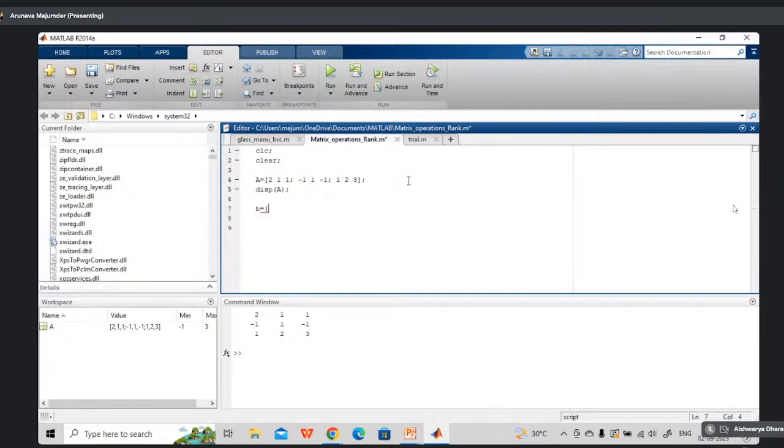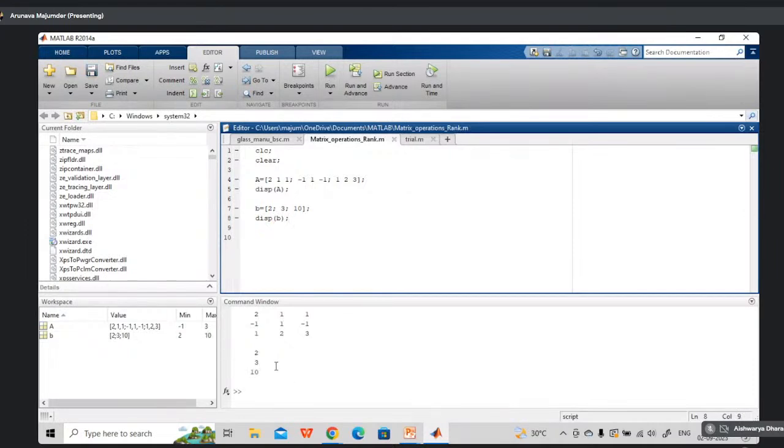So we write it like this: 2 semicolon 3 semicolon 10, because each row has only a single element. Let us also display the B matrix. Yes, this is the B matrix.